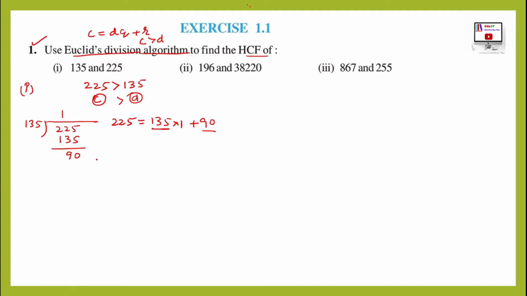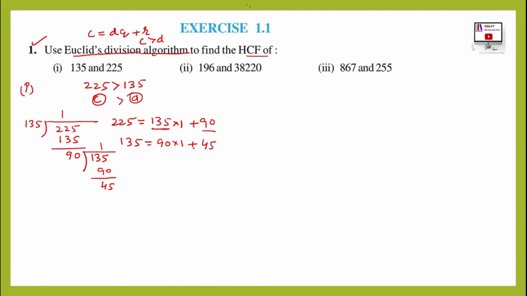So this 135 is now divided by 90. So ये देखिएगा 1 times जाएगा यानी 90. Now 45 is remaining. So this 135 may be written as 135 is equal to 90 into 1 plus 45.